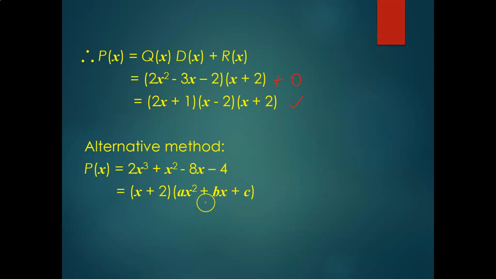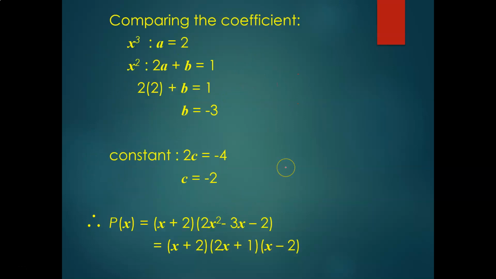Okay, so ax squared plus bx plus c ni the expression of quadratic that we don't really know. So we want to obtain this ax squared plus bx plus c. Ini cara alternatif selain daripada yang guna factor theorem just now. Okay, now I'm using the comparing the coefficient. Saya guna bandingkan coefficient dia, perkali dia.